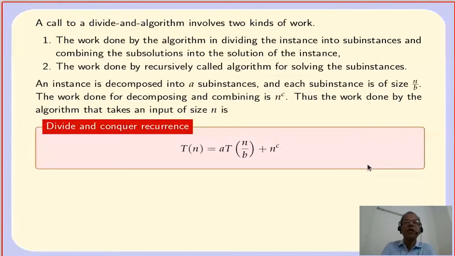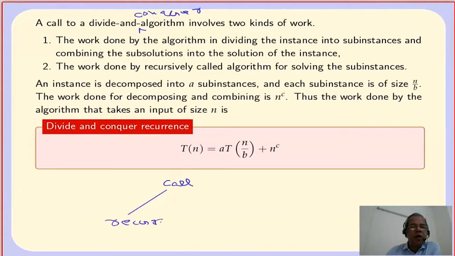What is the work done by a divide and conquer algorithm? There is a typo. Or what is the running time of a divide and conquer algorithm? A divide and conquer algorithm does two kinds of work. This is a recursive call.